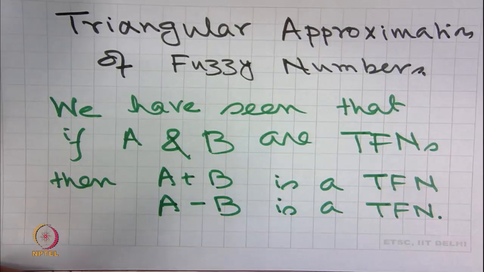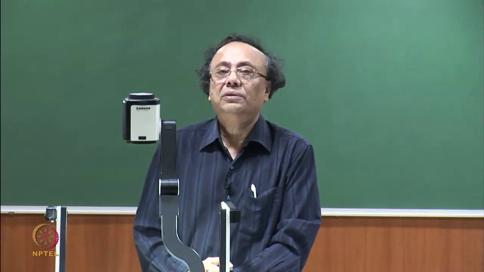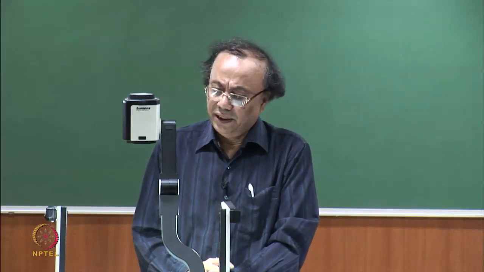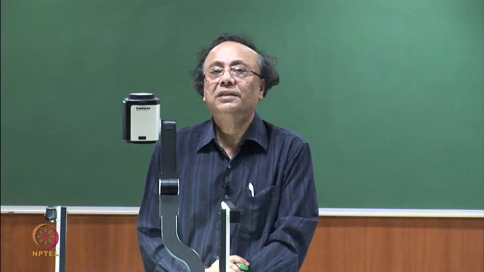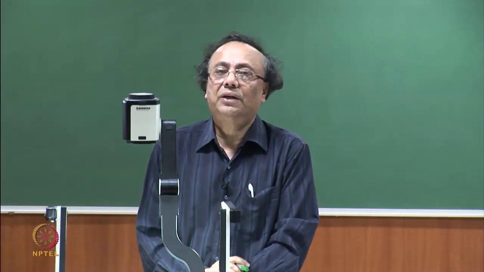The advantage of triangular fuzzy numbers I have already explained: because of the linearity of the left hand side of the membership function and the right hand side of the membership function, it is very easy to calculate the alpha cuts and also to compute the membership functions from the linear aspect of the Lx and Rx. Hence, we have a constant tendency to convert a fuzzy number into a TFN, because that makes our life very easy.